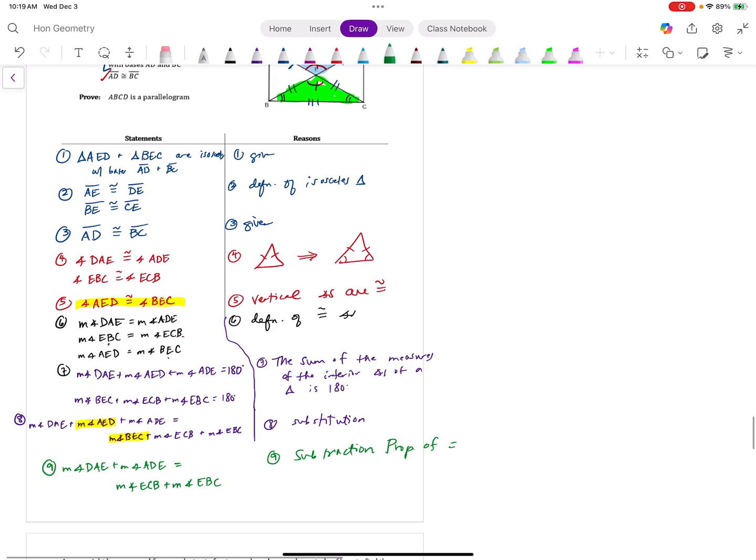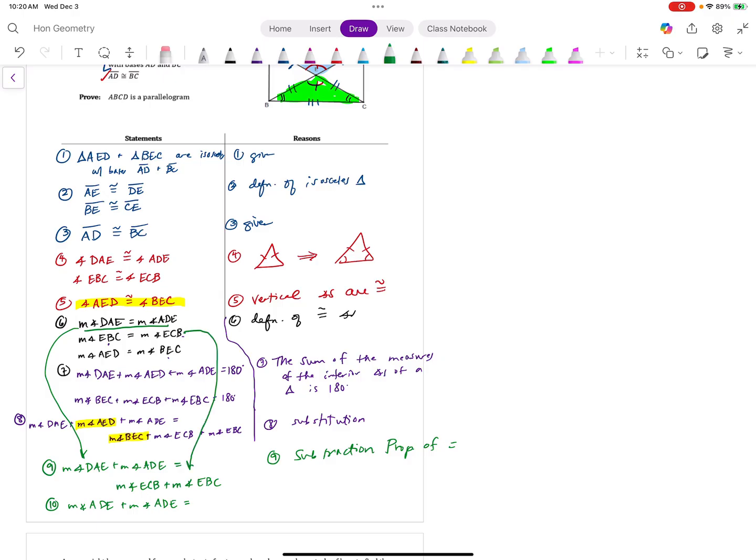All right, so DAE and ADE, they're the same thing. So I'm going to take that and plug it in here. And then ECB, I want to plug that right here.